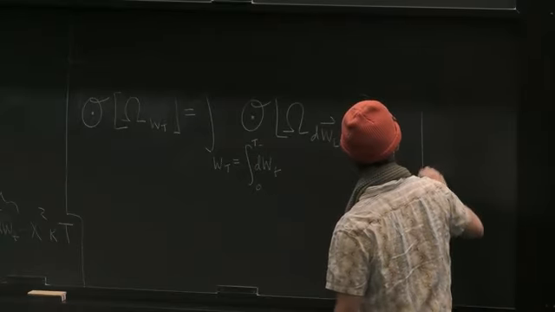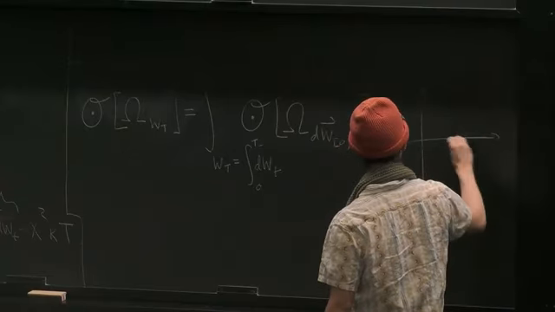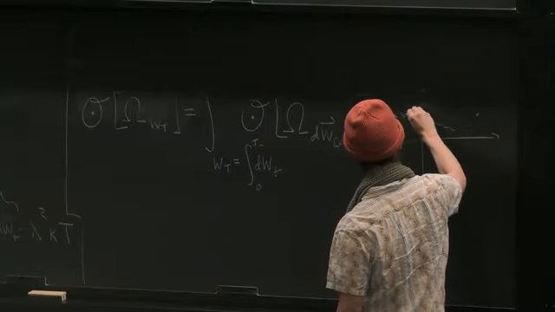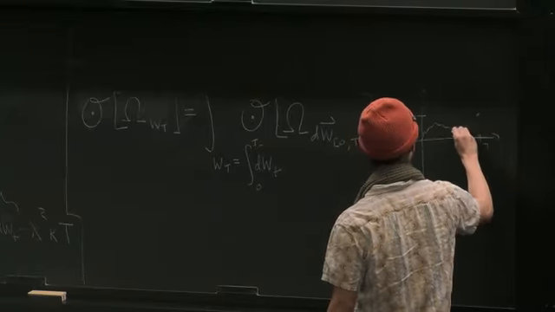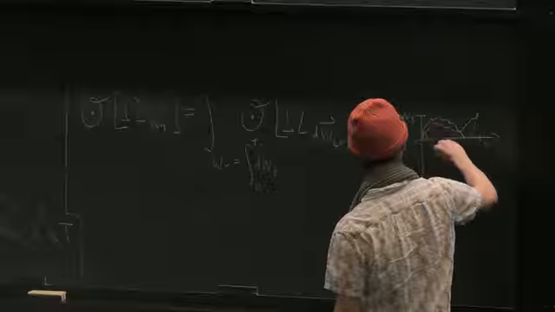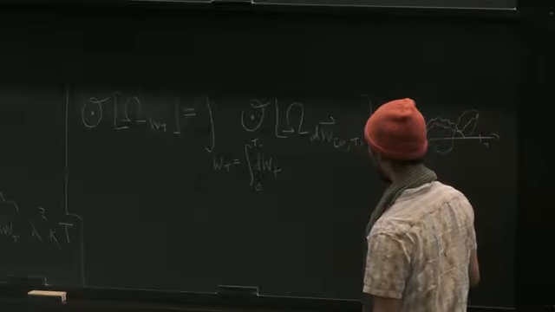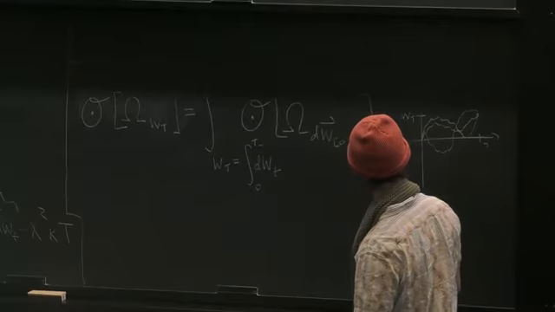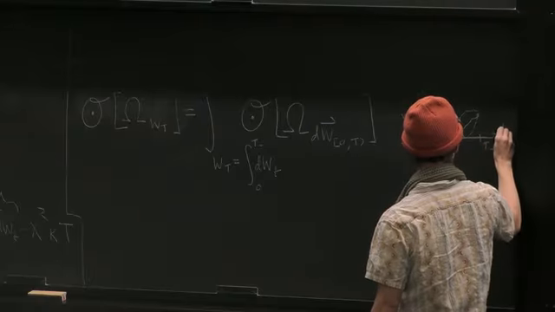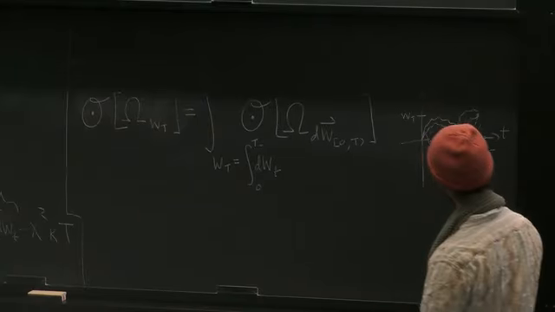So maybe I'll draw that then. All of them start from 0, and if I say here's Wt, there's going to be the x-axis point, capital T sub minus. Yes, absolutely. Yeah. Great.